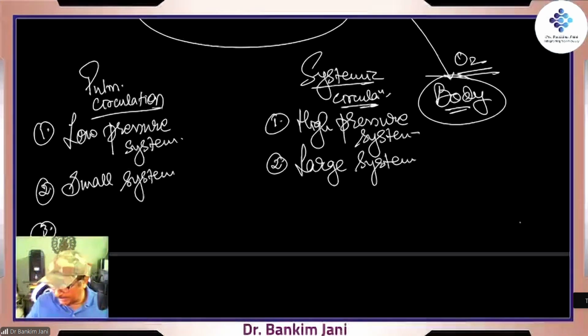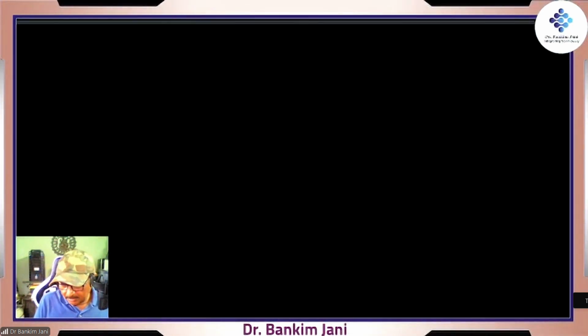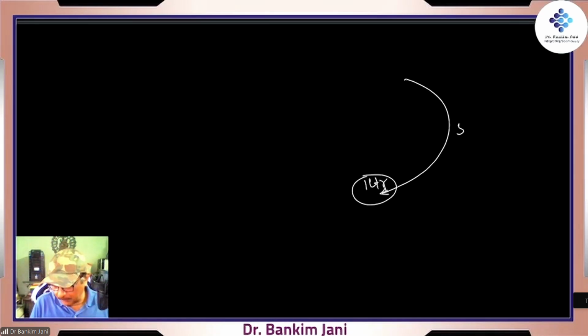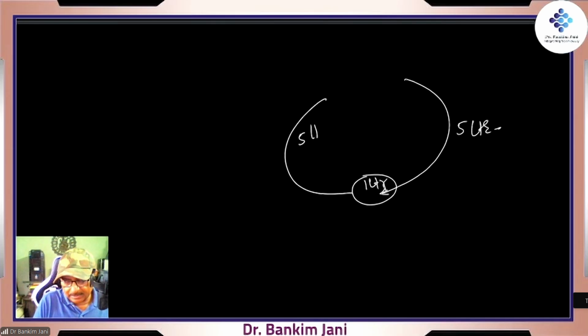I'll explain it like this. This is a small tank of 1 liter, and you are pushing 5 liters from here, and the 5 liters are coming back. So this 1 liter will remain there.